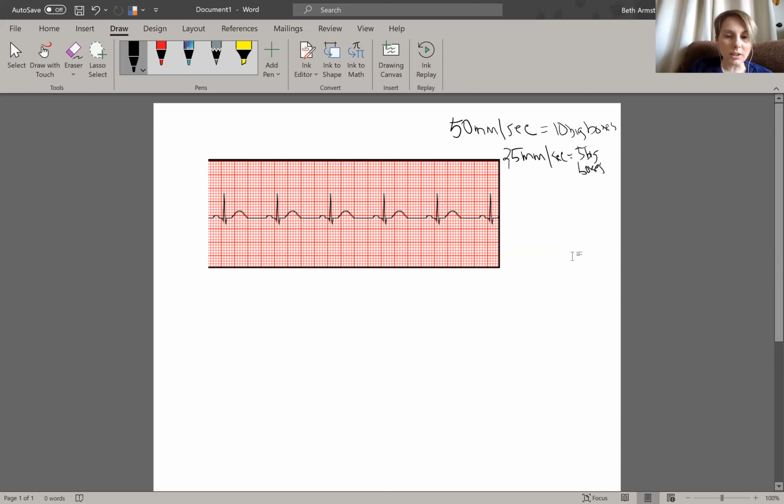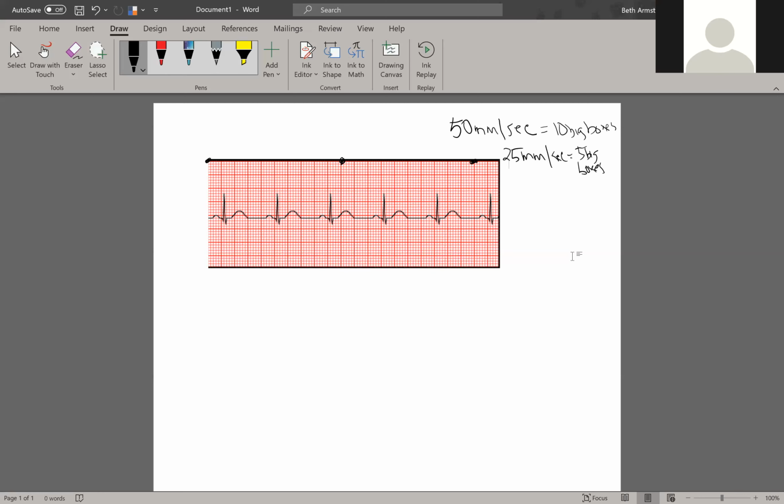So on that one, we're just going to mark here. And we want to count as many as possible on a strip, right? So our next would be 1, 2, 3, 4, 5, 6, 7, 8, 9, 10. So we mark here. And then we're going to have some leftovers.